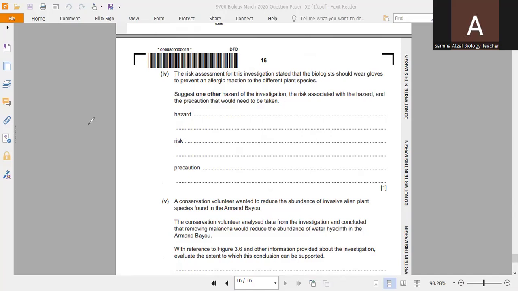First of all, the hazards. There is deep water over there. You can write this one, or you can write the water currents or the river currents, and you can also write slippery banks.